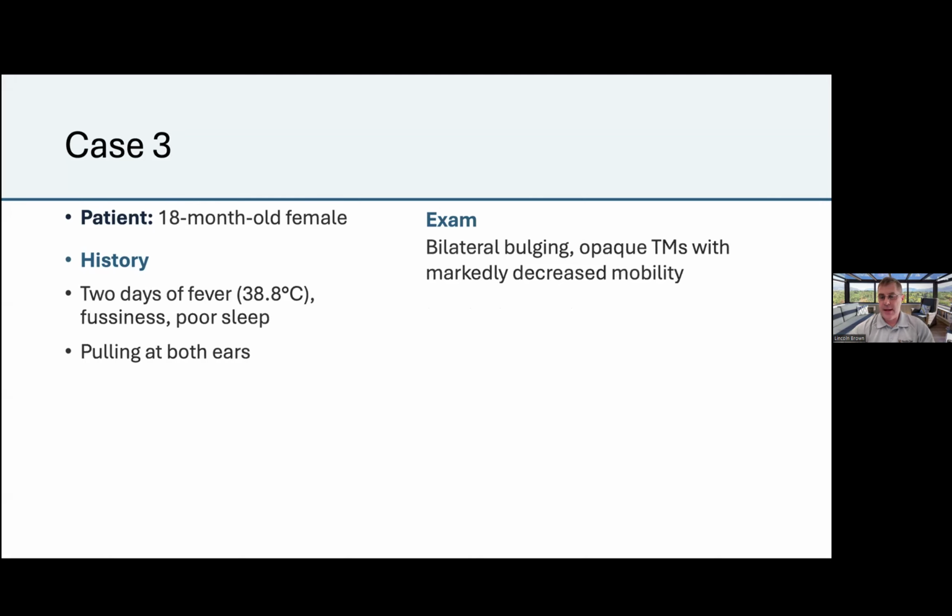How about an 18-month-old female? Fever, 38.8, fussy, poor sleep, pulling on both ears. Both TMs are bulging, they're opaque, and with markedly decreased mobility. Acute otitis media? Feel free to chime in the chat.